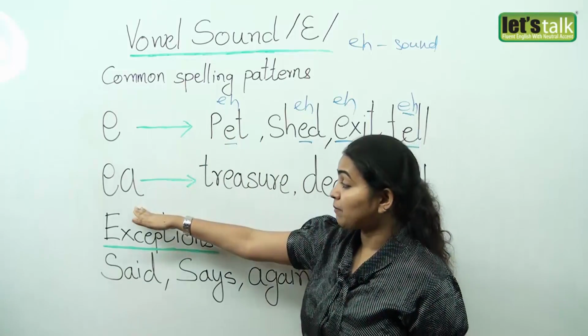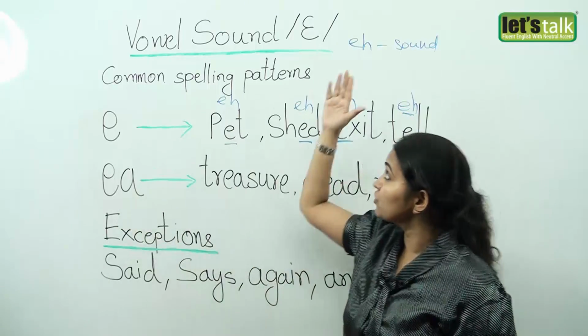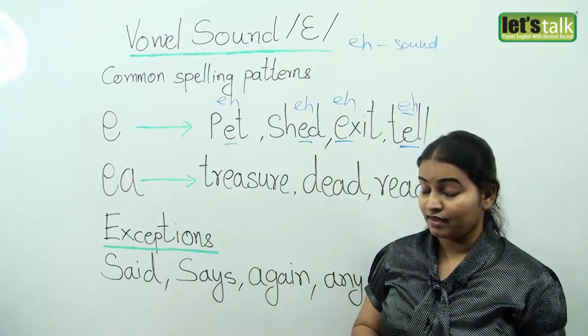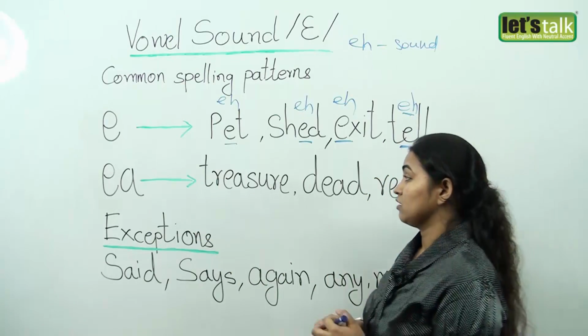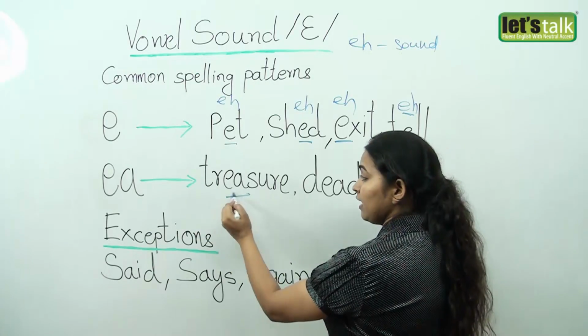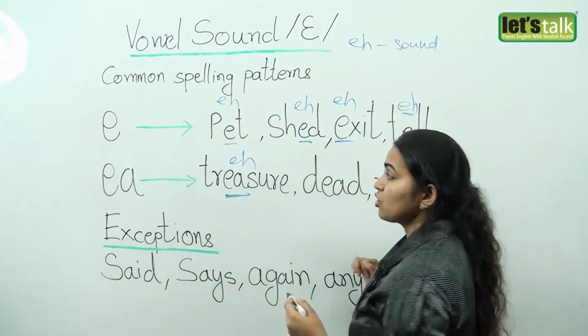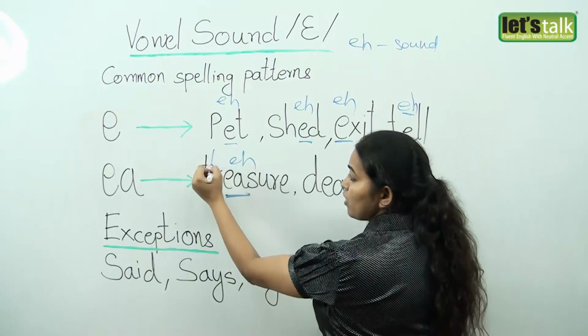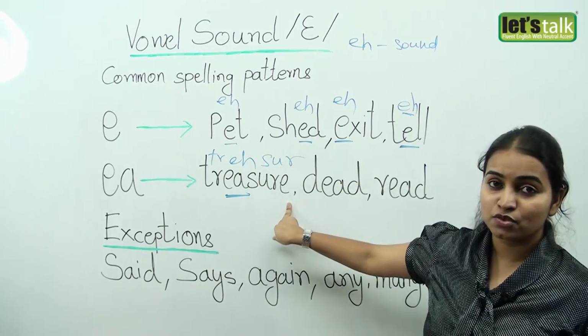Another common spelling pattern is the EA in words which give you the same sound as the short E. So the word treasure, EA gives me the short E sound. So I say treasure. The A is silent in this word.